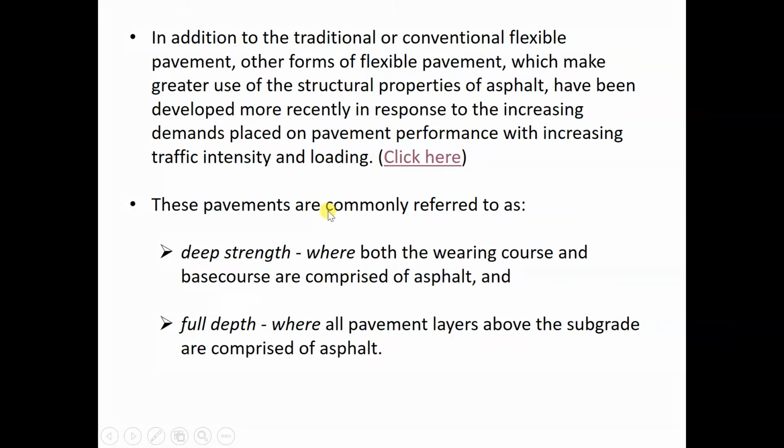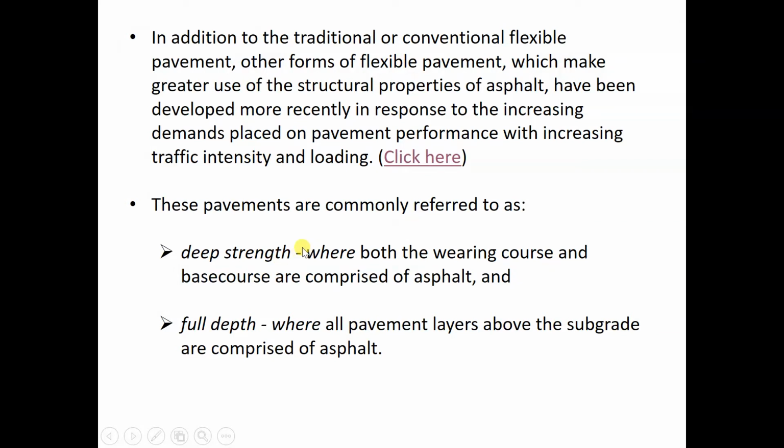In this case, we have what are called deep strength and full depth pavement. Deep strength is where both the wearing course and base course are comprised of asphalt. Normally, for the unbound pavement material, the base course is just loose aggregates.